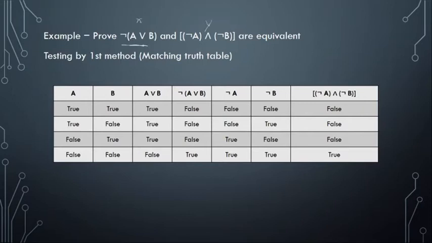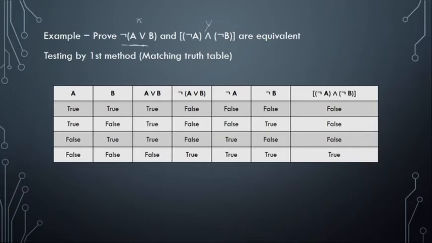If you take a look at this truth table, we will prove that the proposition not (A or B) is equivalent to not A and not B. The values for the variables: A is true, true, false, false, and B is true, false, true, false.